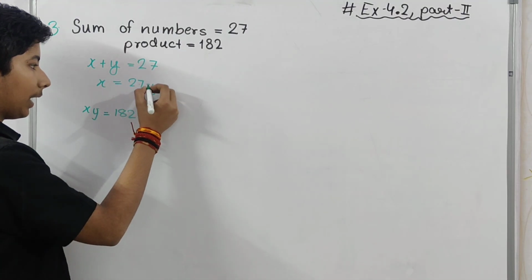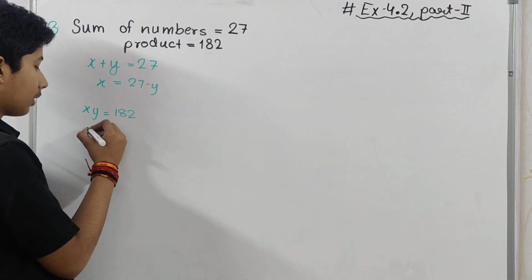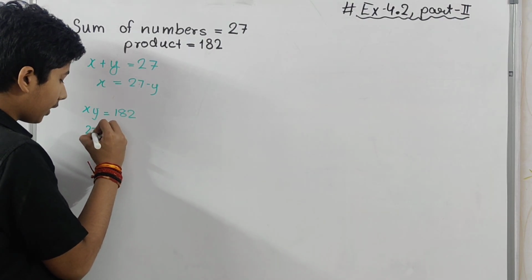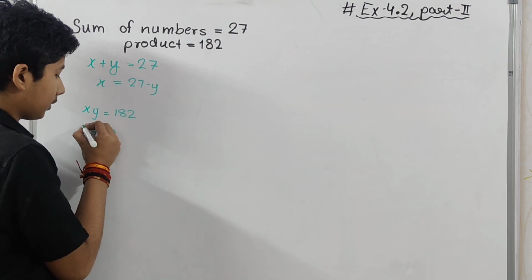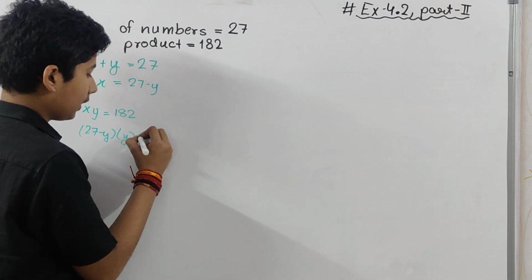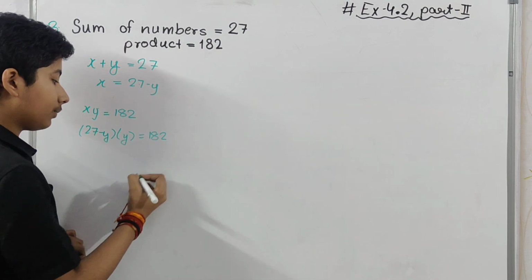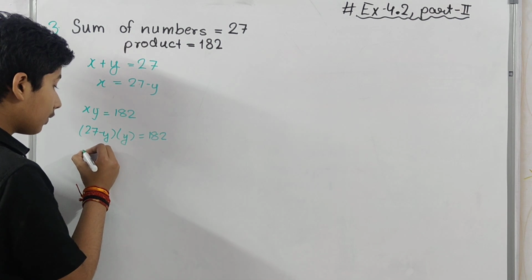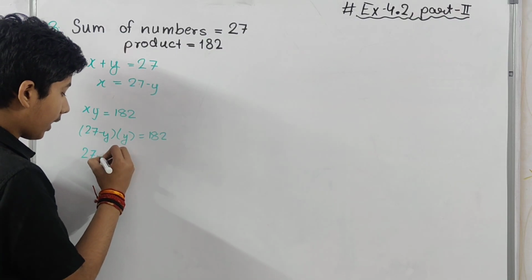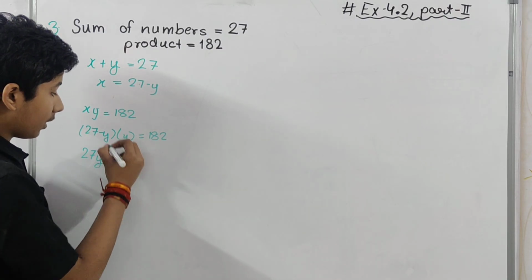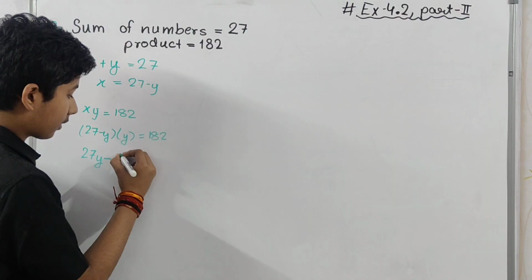Now here we'll put this value which we have found out of the x. So 27 minus y into y equals 182. Now 27y minus y square.